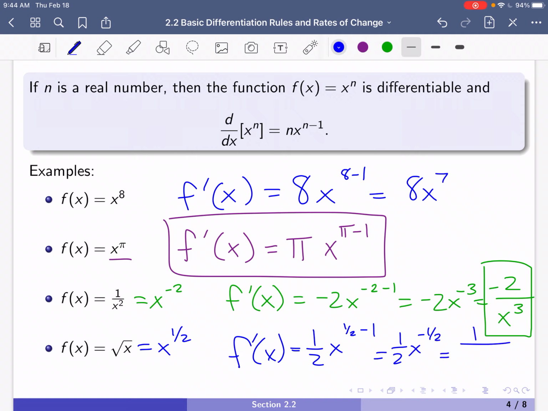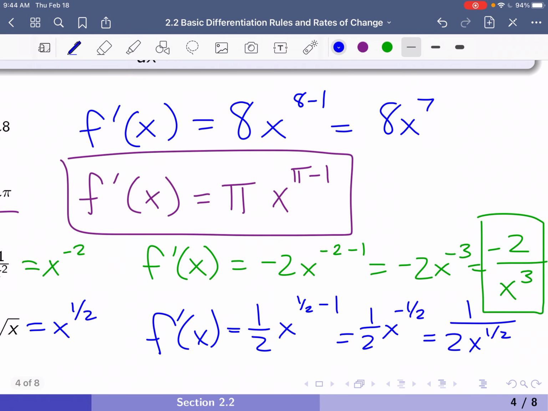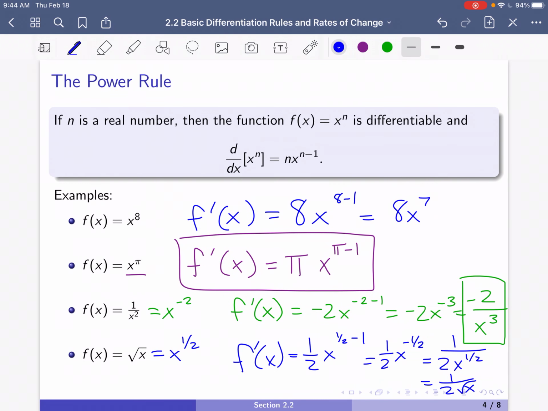And we could write this as 1 over 2x to the 1/2, because that x to the negative 1/2 has a negative power, and we could rewrite that still as 1 over 2 square root of x. That is our derivative.